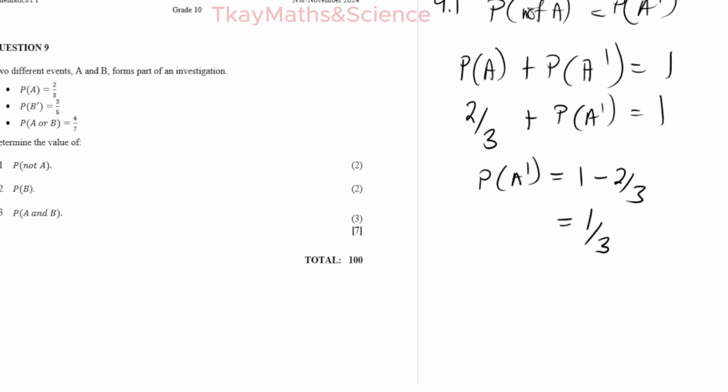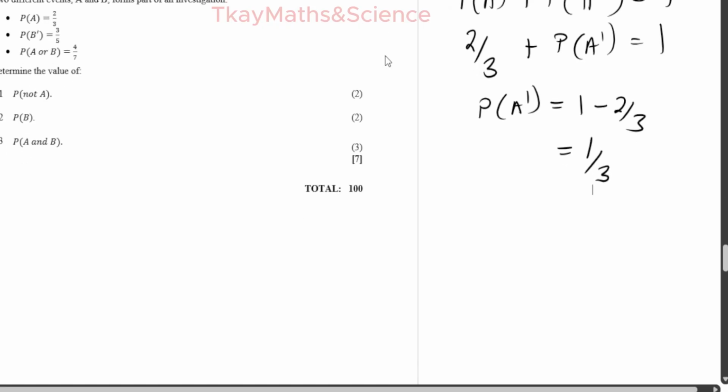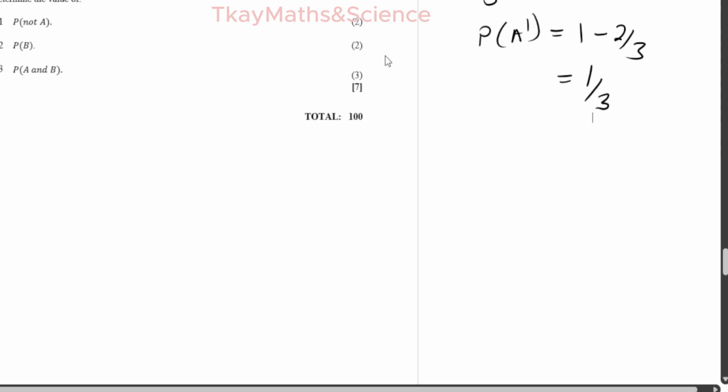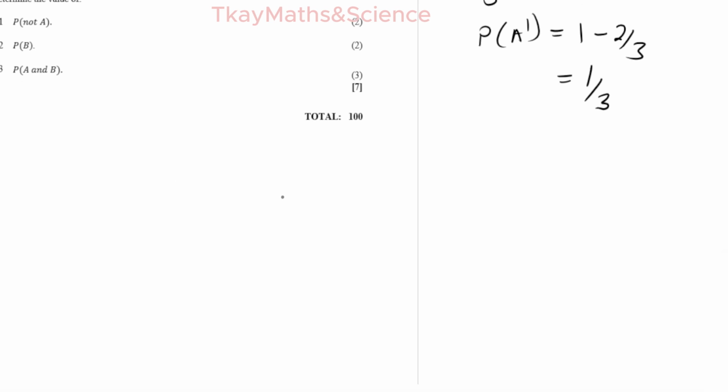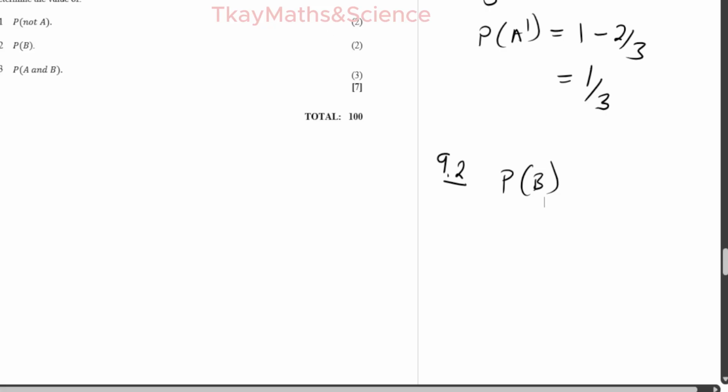All right, so let's go on to the next one, which is 9.2. Okay, so the probability of getting B. How do we calculate that one? We're going to use the same method because we've been given B complementary here.